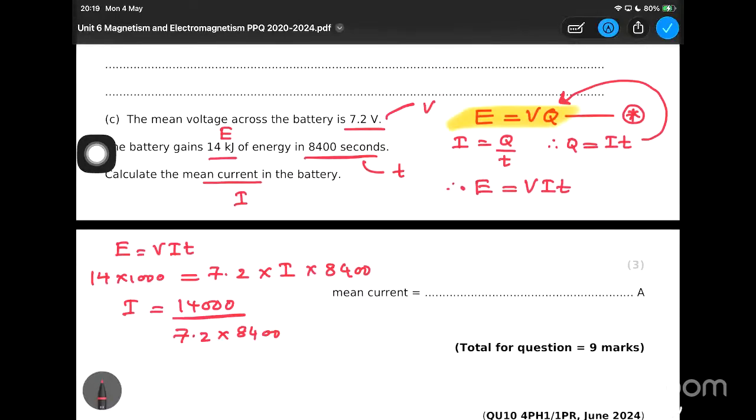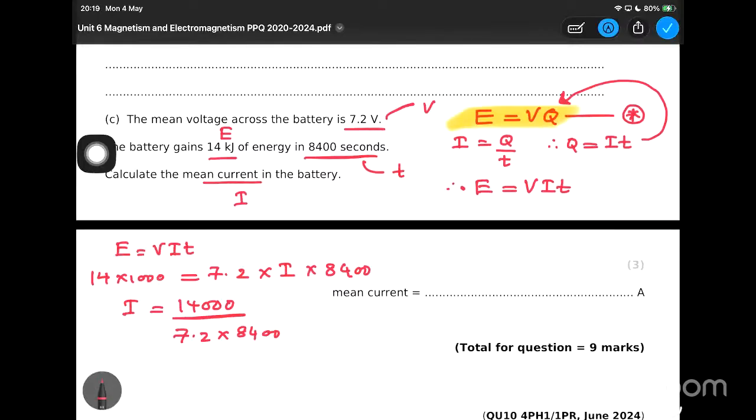So here the answer would be 14,000 divided by 7.2 into 8,400.